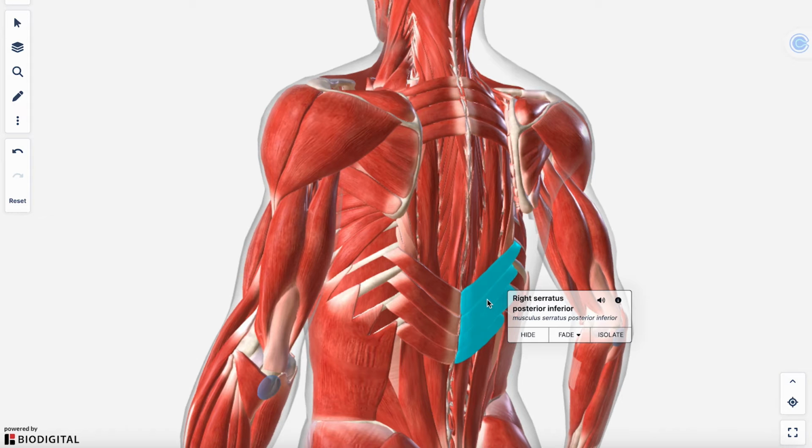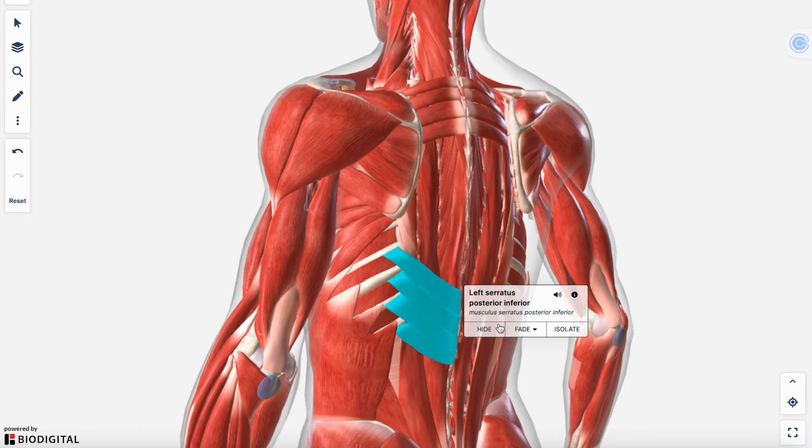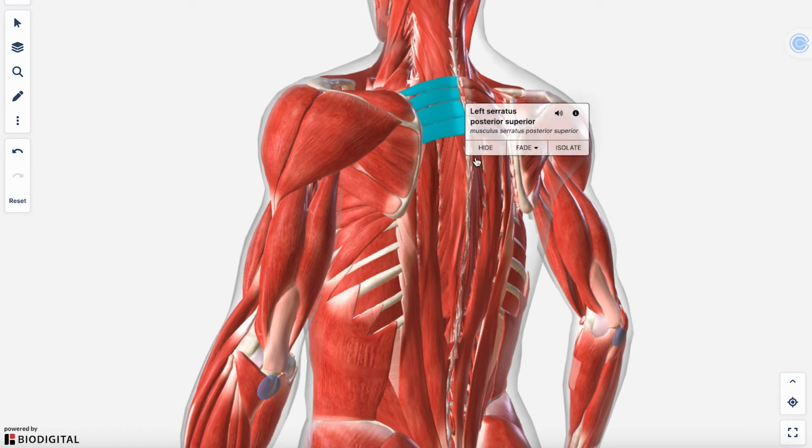It's thought to have a proprioceptive input, whether that's with breathing function or rib cage movement and expansion during inhaling and exhaling. So there is a function there. It's just not thought to be a big force-contributing muscle. So that is your intermediate layer. Let's remove that. And that is all of the extrinsic back muscles.